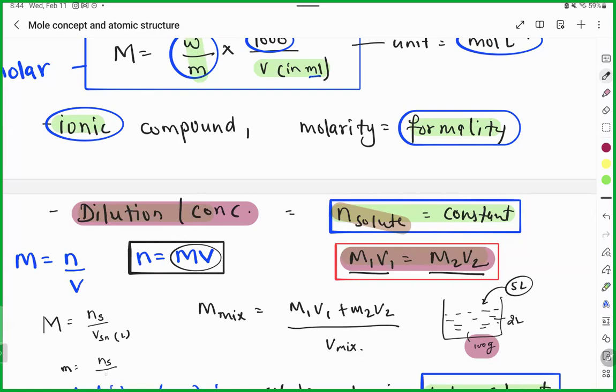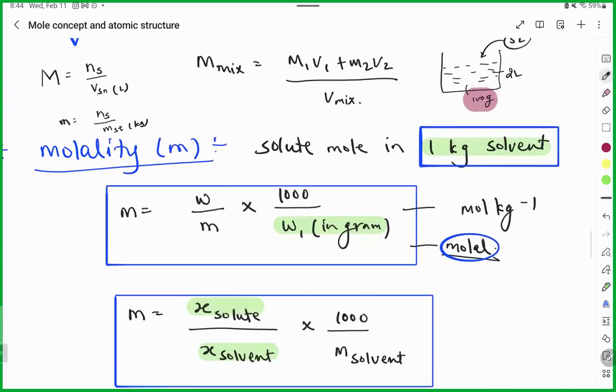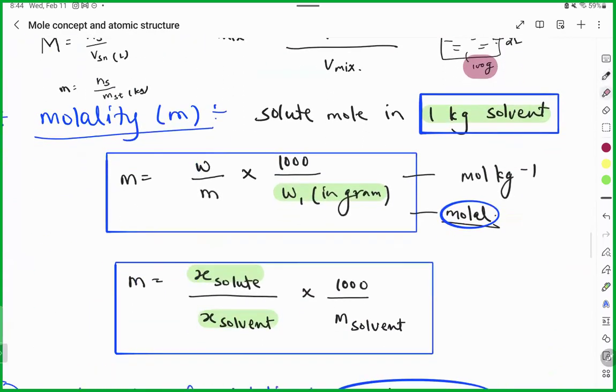Here below you have mass of the solvent in kg. So in molarity, you have volume of solution. In molality, you have mass of the solvent.